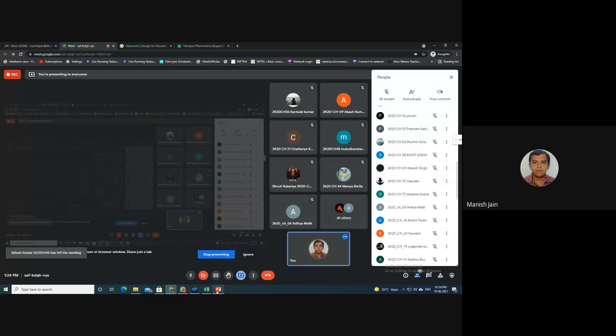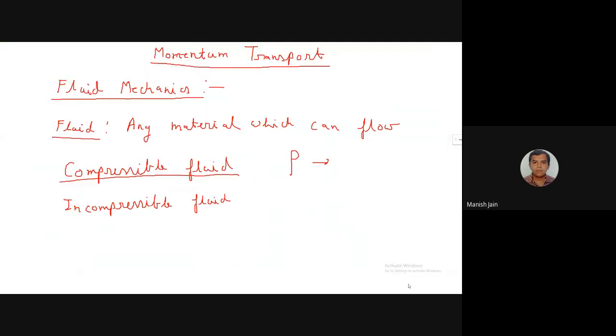And an incompressible fluid is one where the density of the material cannot change with change of the pressure. For a compressible fluid, rho or density is a function of pressure.